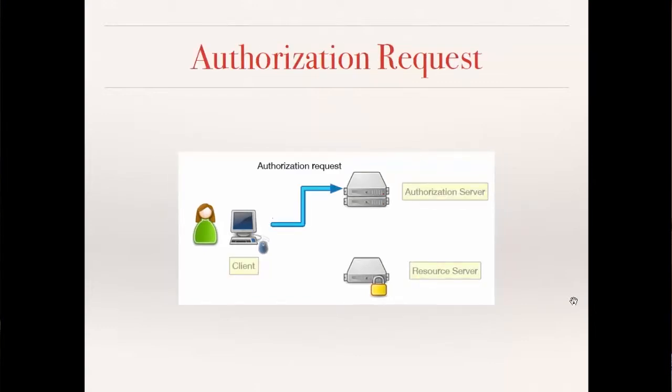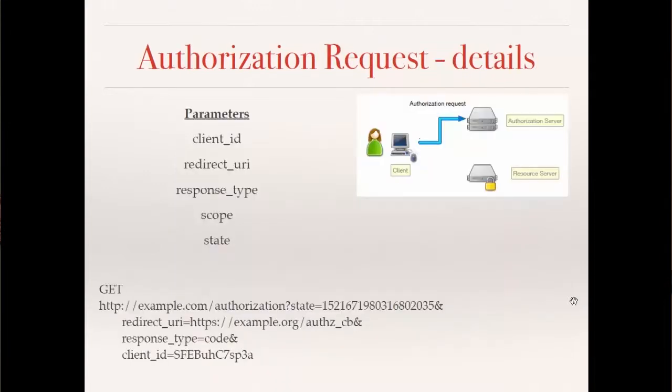So to start off, you have the authorization request. And it, of course, goes to the authorization endpoint. And this is what you can do in that request. There are a number of parameters you can use. You have to identify yourself as a client, so you provide the client ID. You have something called the redirect URI, which is where the authorization server will send you back to when you have done the authentication.